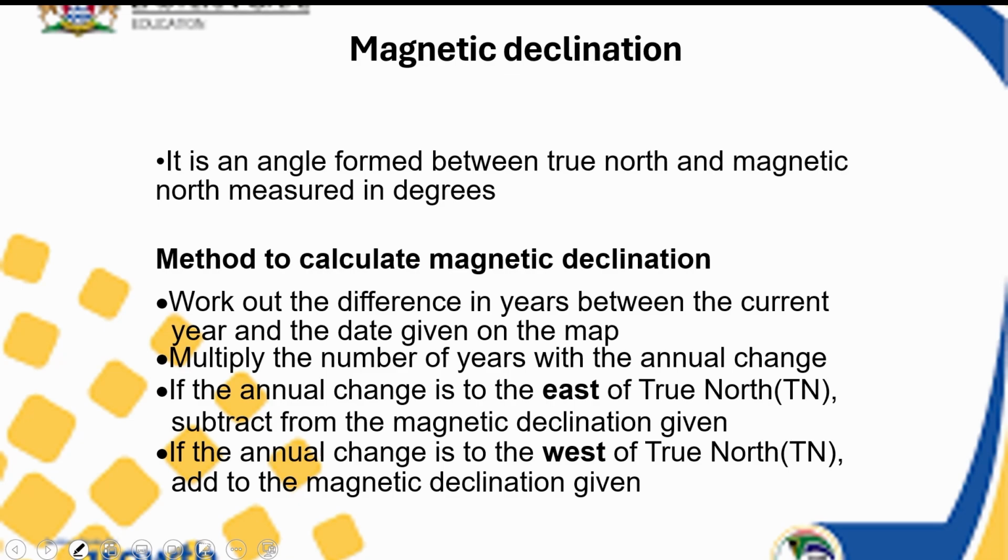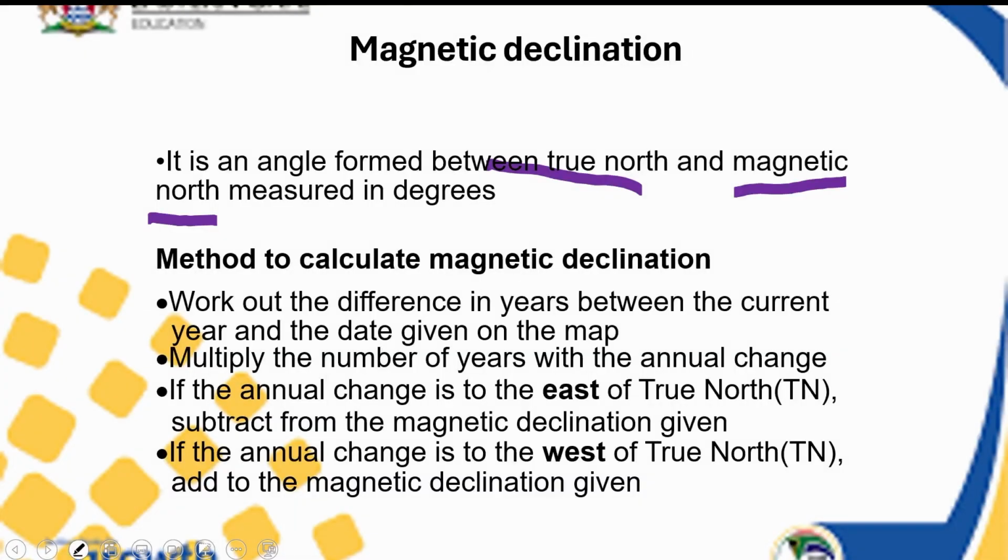Lastly, let's get to magnetic declination. What is magnetic declination? Magnetic declination is the angle between the true north and the magnetic north, measured in degrees. Then what is the method that we use when we are calculating the magnetic declination? This is a short question. In most of the previous years, magnetic declination has been there.